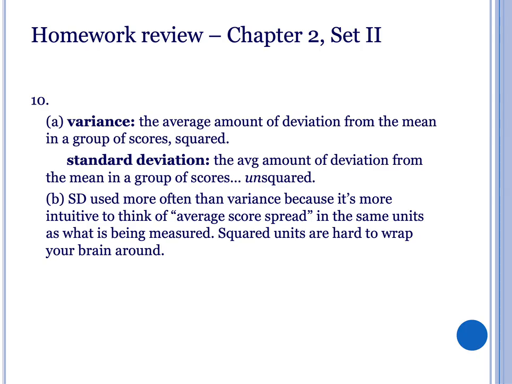That means that on average, people are about 1.2 apples away from the average, right? And that's easy enough to think about. But if I start talking about squared apples, what the heck am I even talking about there, right? That doesn't make a ton of sense. So that's why we like standard deviation more. That's why we use it more.